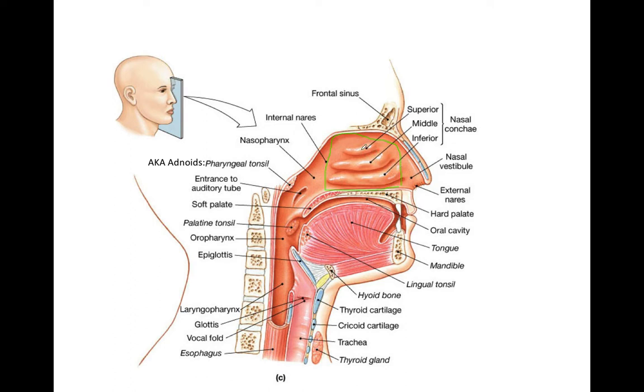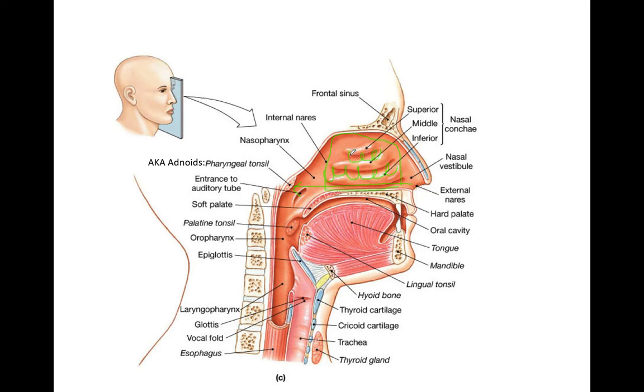Why do we have them here? Well, if we didn't have them here and we breathed the air in, the air would go straight to the back of the throat. But since we have them here, that air is now going to hit these nasal concha, and it's going to cause the air to flow in this kind of pattern.